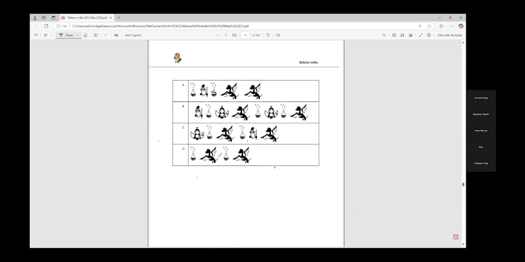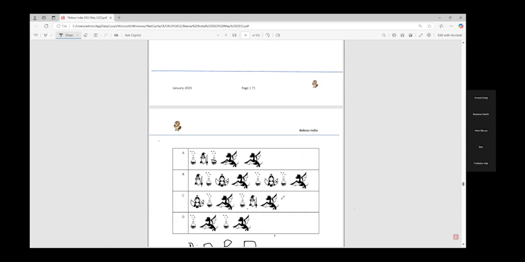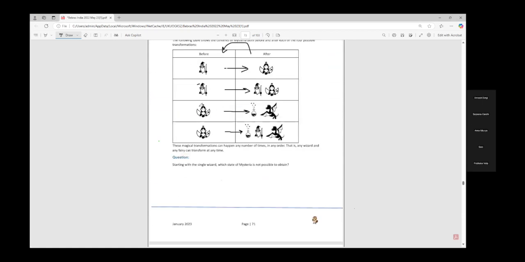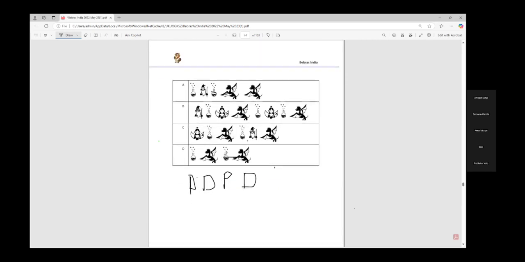So this one's the shortest. It's a potion, a dragon, a potion, and if we look right here, a fairy turns into a potion and a dragon. And we have to work backwards, right? So we can say that this potion and a dragon was initially a fairy, and this potion and a dragon was initially another fairy.